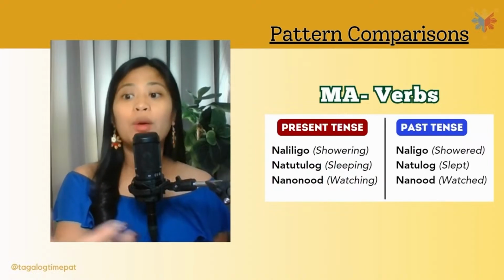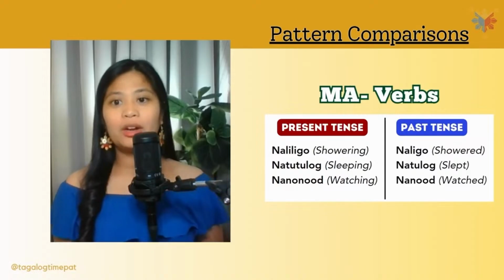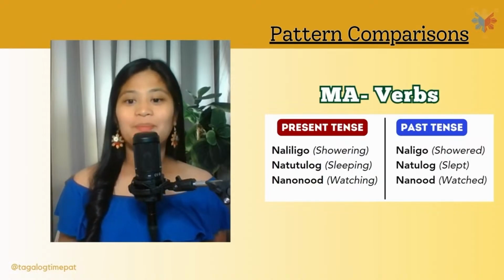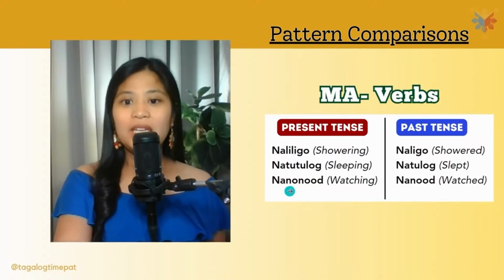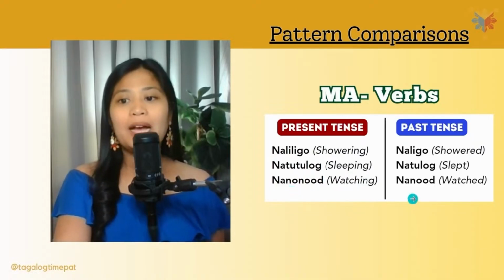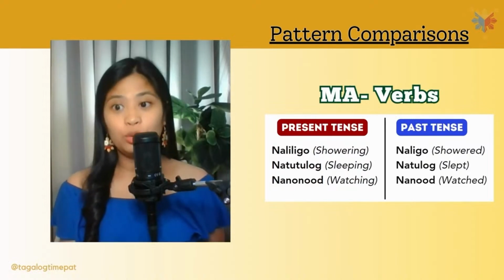Nanood ako. I watched something. So it is a very similar pattern to the mag verbs. The only difference is that it doesn't have the G in the affix. But you can see here in the present tense, there is that repeated syllable, whereas in the past tense, there is no repeated syllable. It's just the affix, then the root.